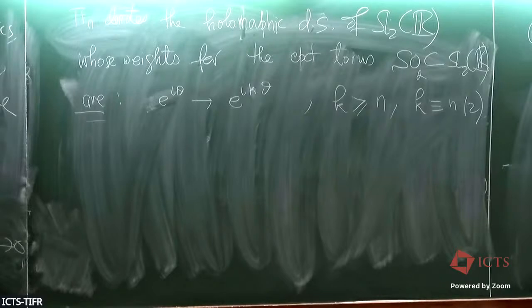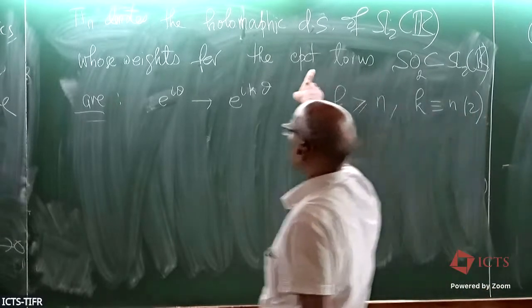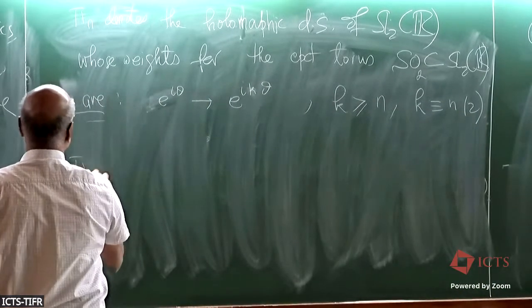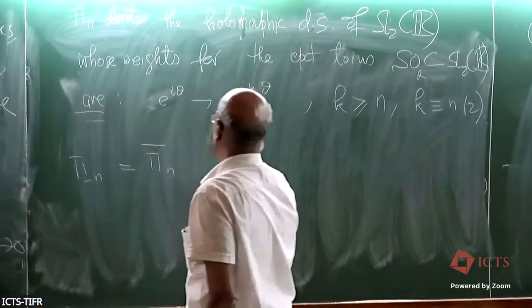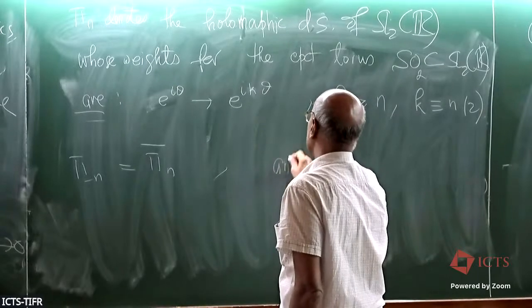So these are called holomorphic discrete series, and then there is pi minus n, which is, so to say, pi n bar, the anti-holomorphic discrete series.